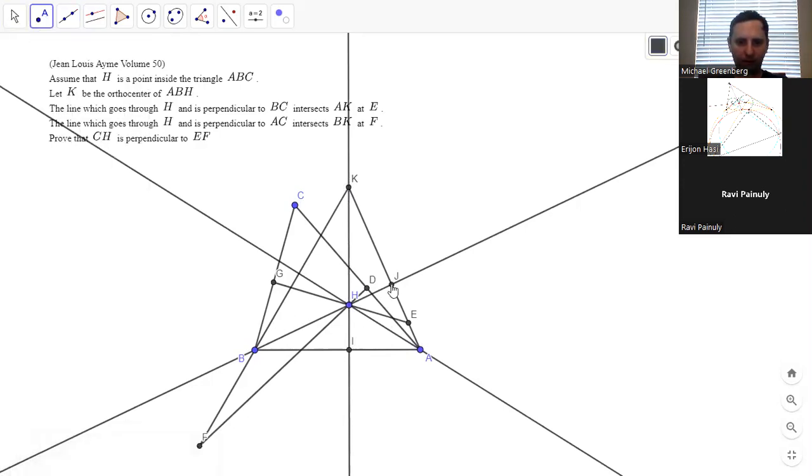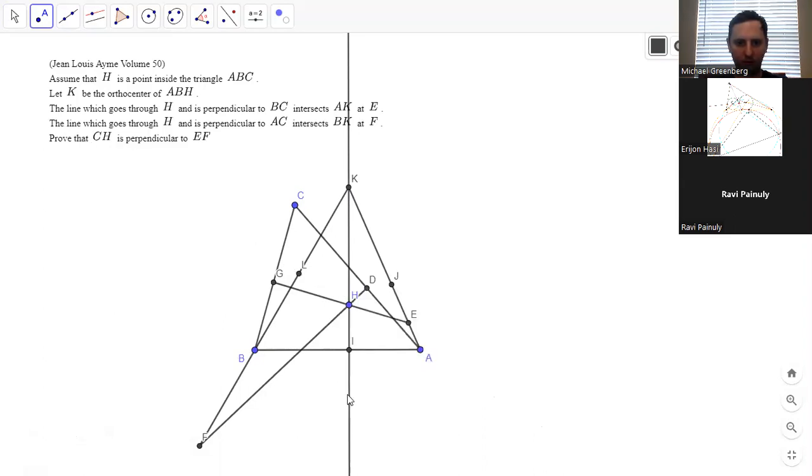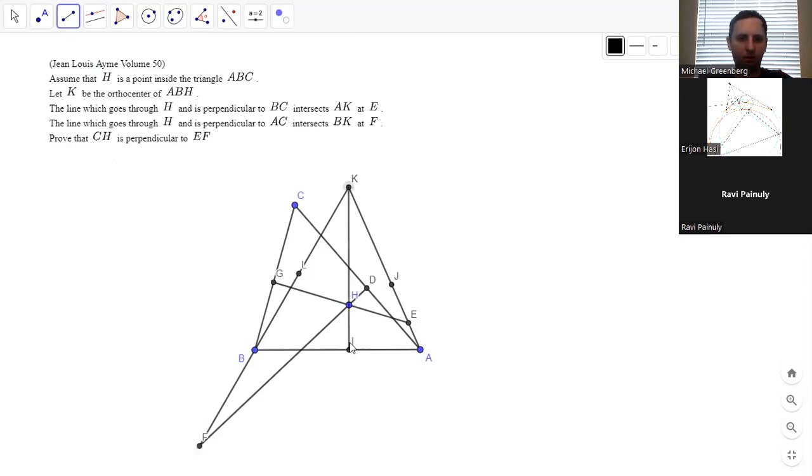So if CH is perpendicular to EF, I wonder if H is the orthocenter of CEF.